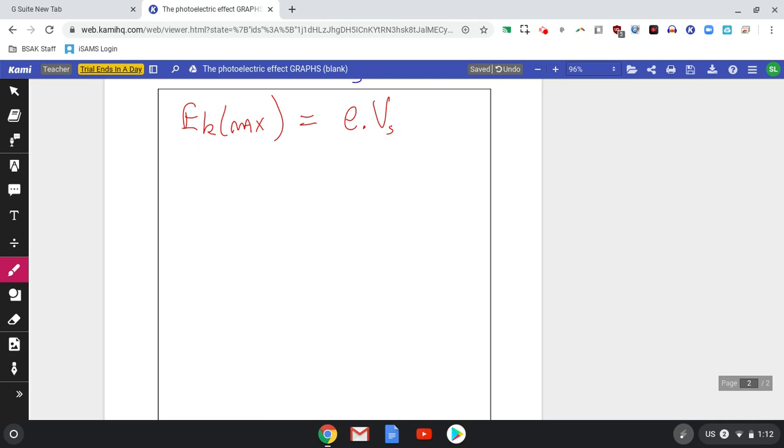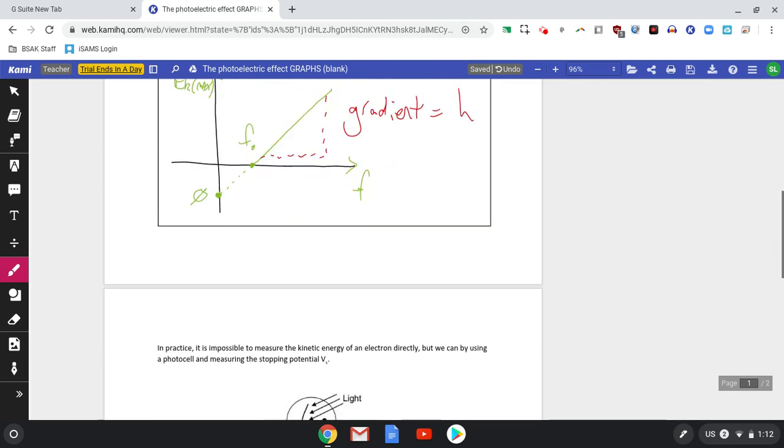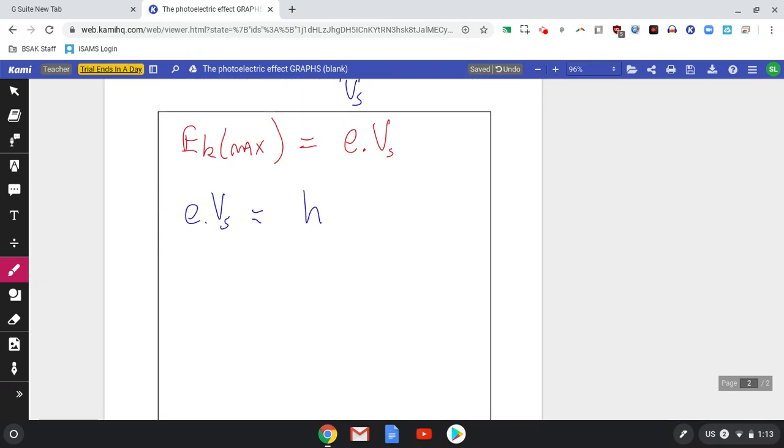So instead of EK max, we write eVs. And that equals, what does that equal again? It's hf minus phi. Just one last thing, we're going to get the e over to the right hand side. So Vs equals h on e times f minus phi.